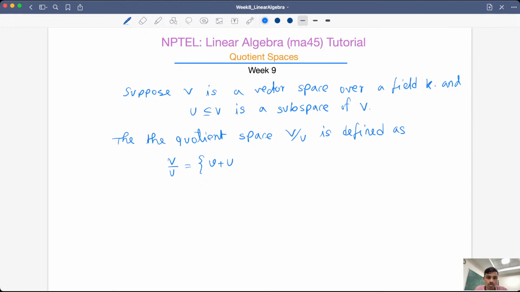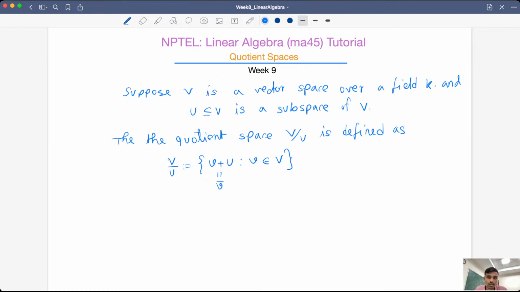So that is the notation v plus U, where v runs over V. Sometimes this is also denoted v bar.